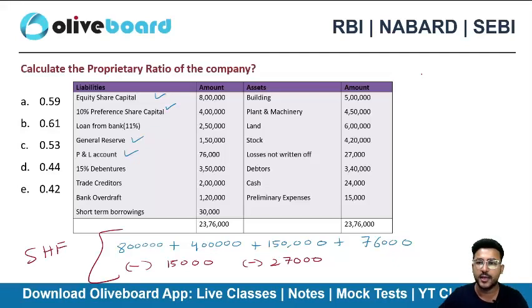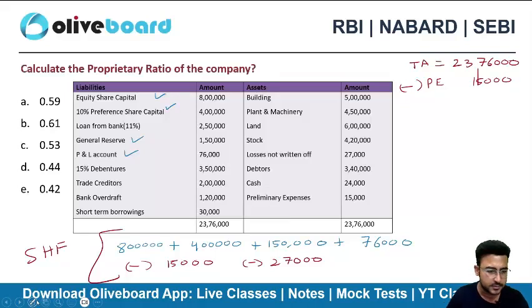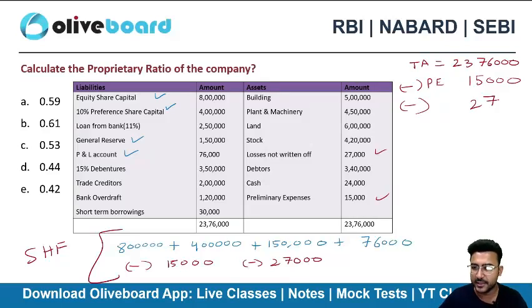What will be my total asset? Total asset they have mentioned 23,76,000, minus my preliminary expense 15,000 because that's a fake asset. That's not at all a real asset. It's a fictitious asset, minus losses not written off 27,000. So this will be my total asset, right?